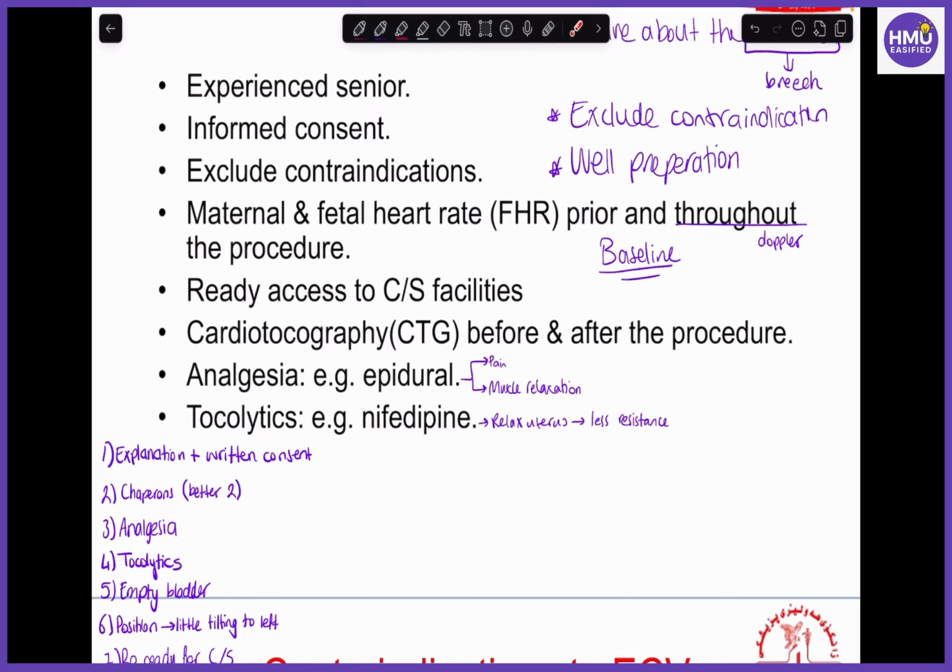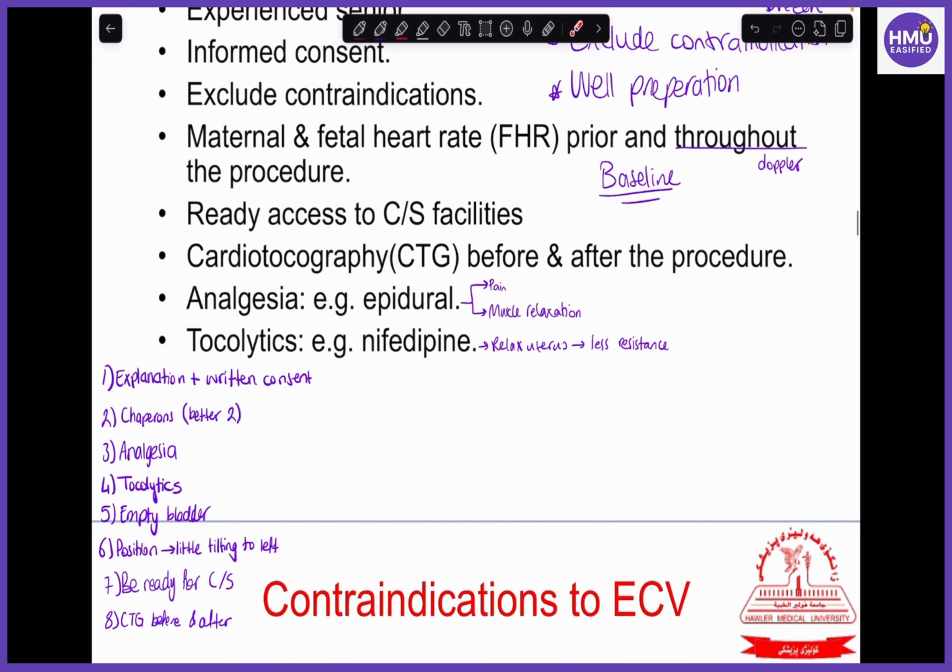First, an experienced senior and consent. Then we should do a prior maternal and fetal heart rate to make a baseline. Also, the procedure will be under ultrasound guidance, so we can check the fetal heart rate throughout the procedure.